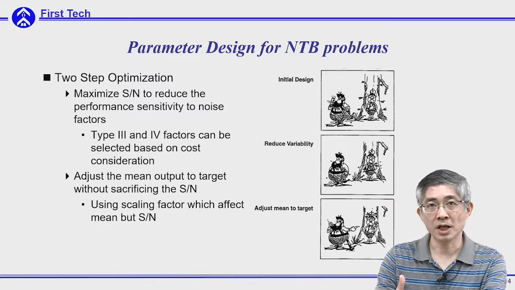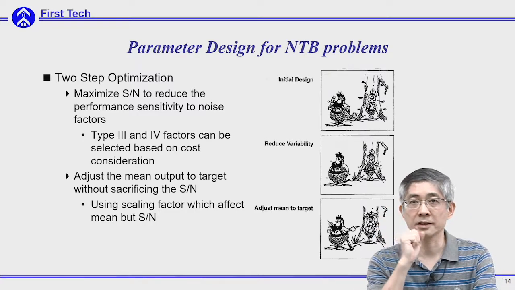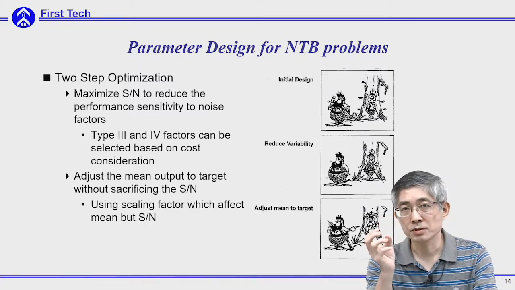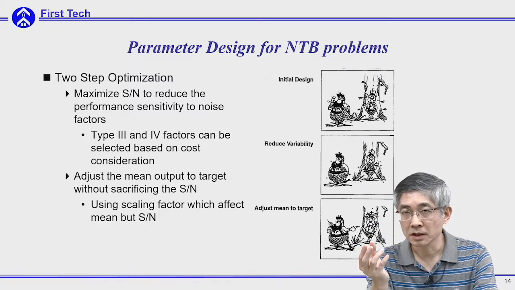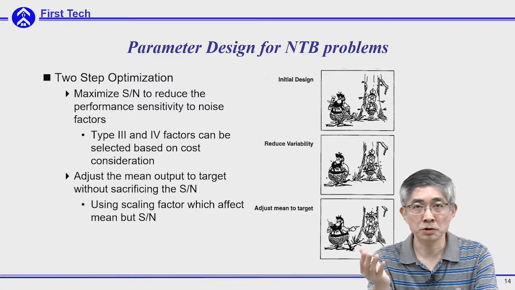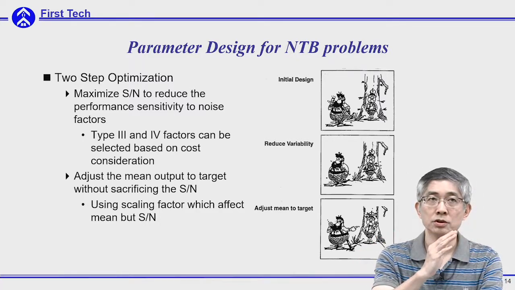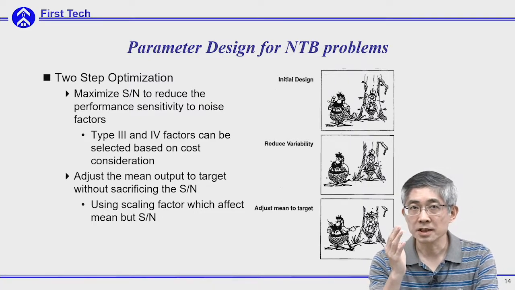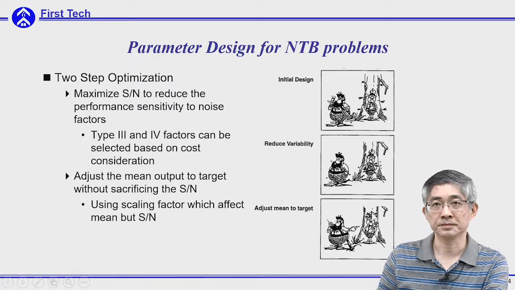But at the second stage, we should try to move our average to the target. So he suggests we should find a factor, called a scaling factor, from the type 3 control factors. Then we can use that scaling factor to adjust the mean output to the target.